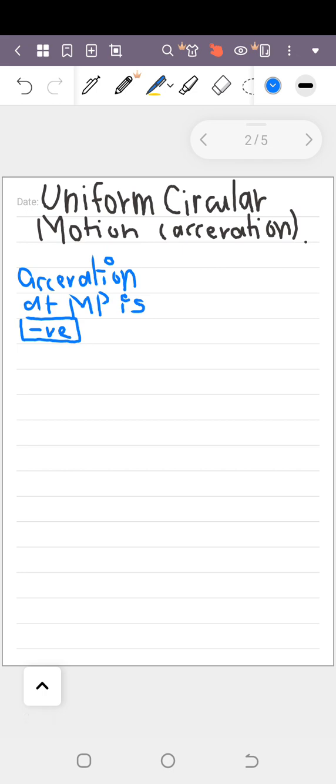Now the acceleration of the shadow. We know that the acceleration of the shadow is equal to the x component of the particle acceleration. Okay, and the velocity was equal to the y component.